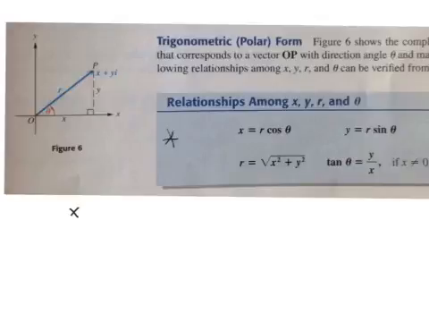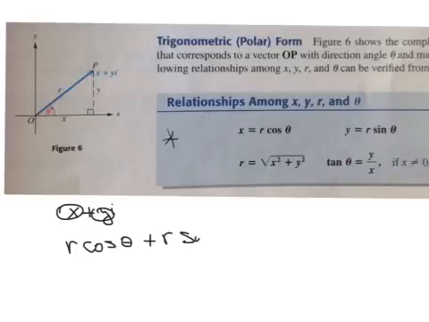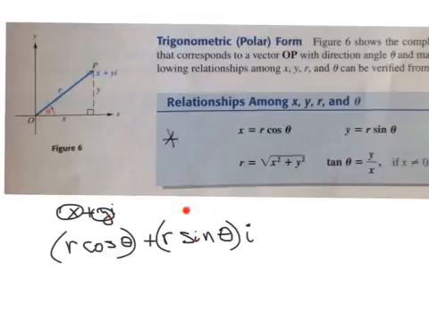So instead of writing x, I'm going to write r cosine of theta, and instead of y, I'm going to write r sine of theta, and then I'm going to follow that up with, in fact, I'll put this in parentheses, and let's put this in parentheses, doesn't really matter, but I need to put in parentheses the second one because I still have this i that I need to tag on to the end of it.